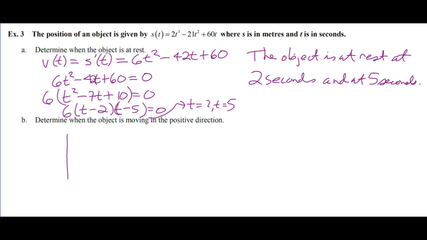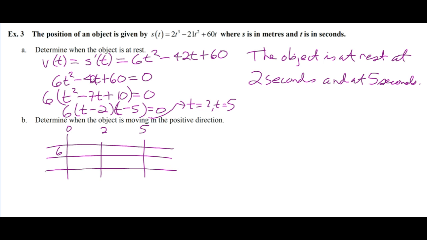Okay, so what do we want to do? Well, we want to say, okay, I've got 0, I've got 2, and I've got 5. And I've got a 6, which is always positive. And I've got a t minus 2, and a t minus 5.